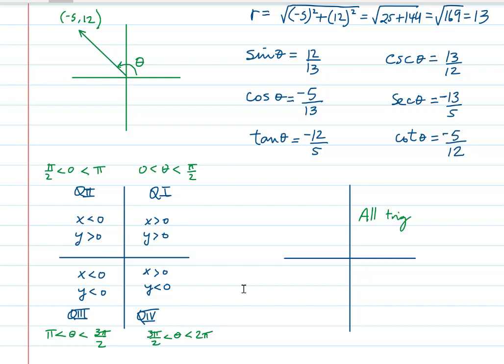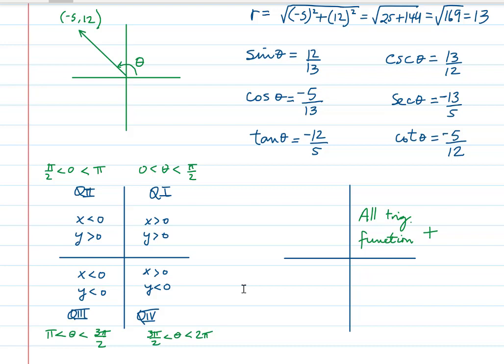All trig functions are positive. They're either going to be positive or negative, so I'm just going to put the positives here, so that you assume there are only 6 trig functions. If they're not in here, they're not positive, so they'll be negative.